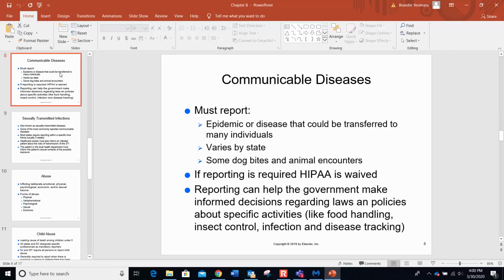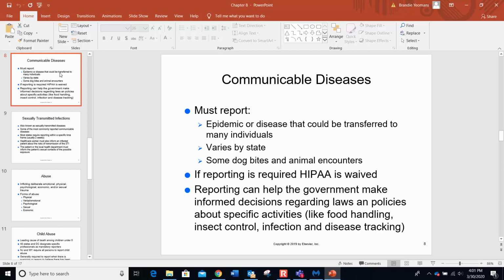Alright, so if you look at the communicable diseases, this is one that is very important, especially in this area. We have a lot of communicable diseases. It's important that we keep a good record of these and report them as deemed by our clinic and by the state.